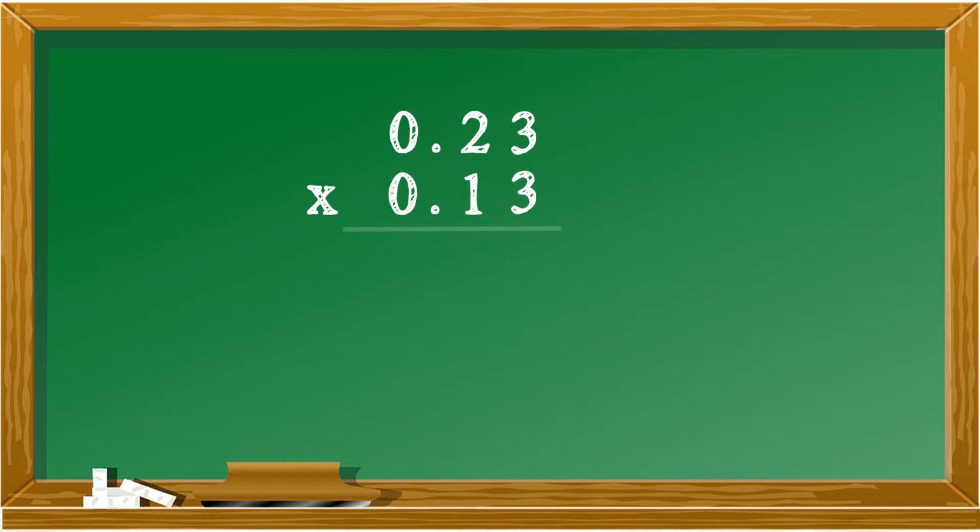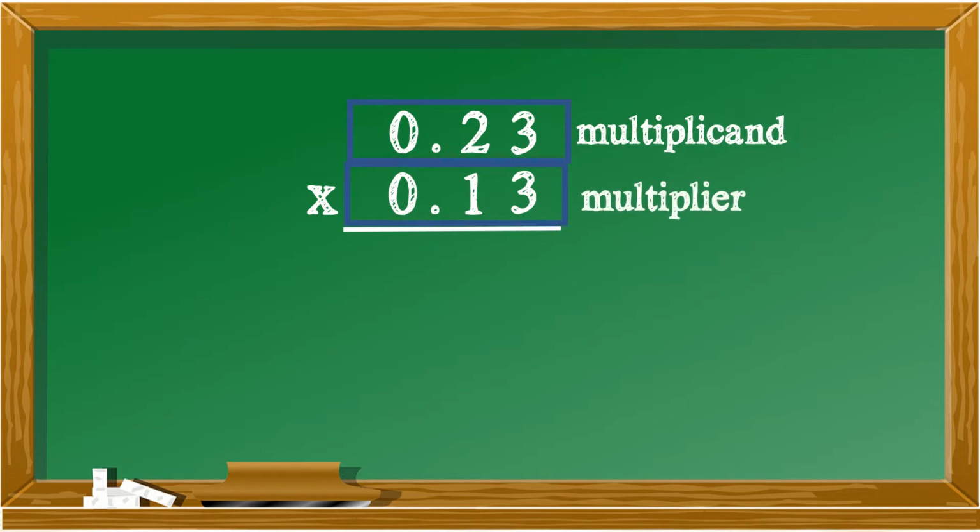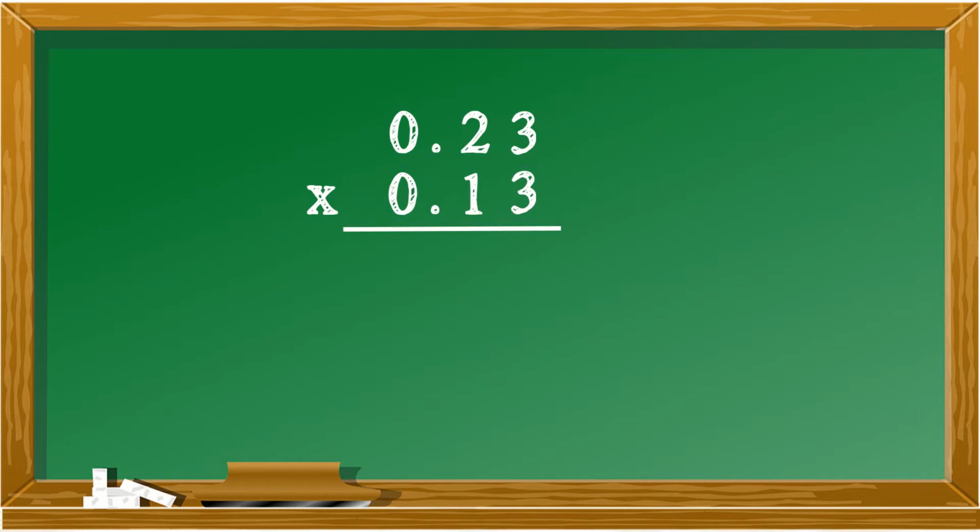Okay, so you need to identify the factors. So this is the multiplicand and this is the multiplier. We will multiply each digit of the multiplier to each digit of the multiplicand.